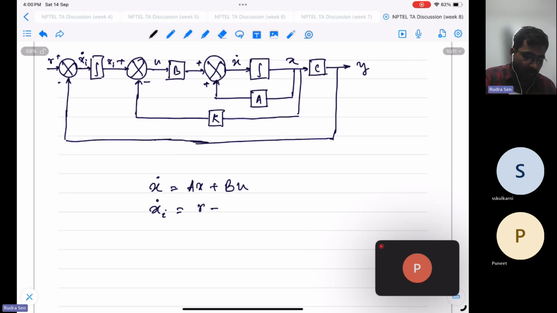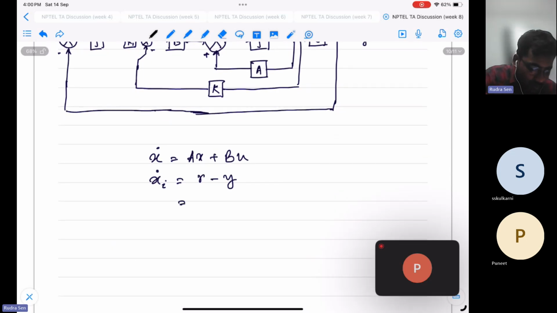This is directly y. And ki is over here. This is minus and this is minus. So r minus y, so this is r minus cx, right?